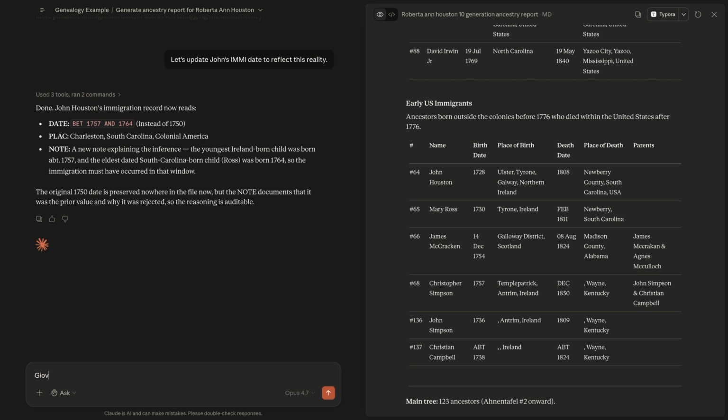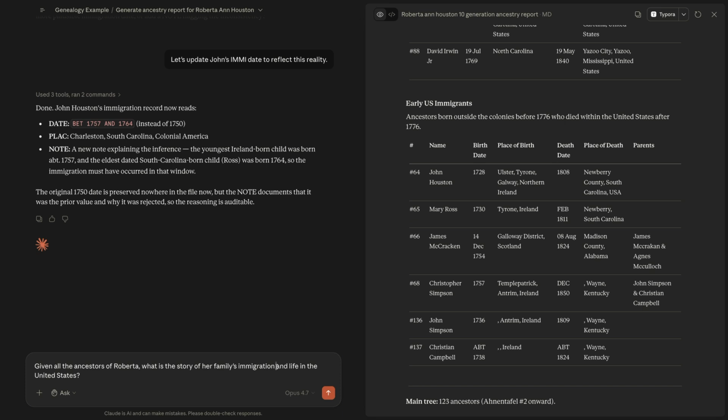So given all the ancestors of Roberta, what is the story of her family's immigration and life in the United States?